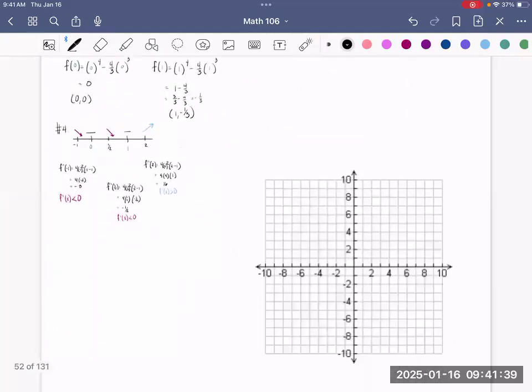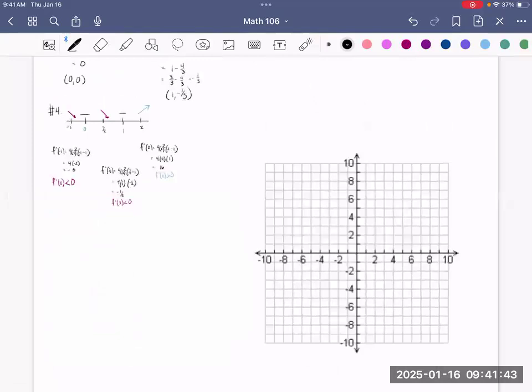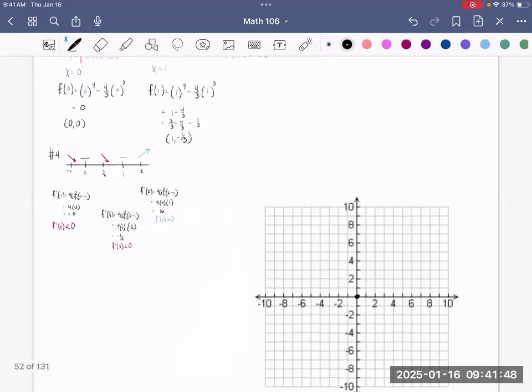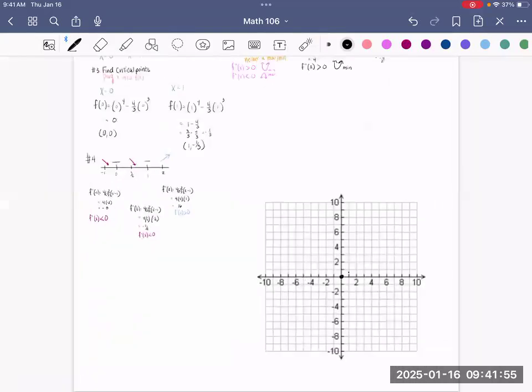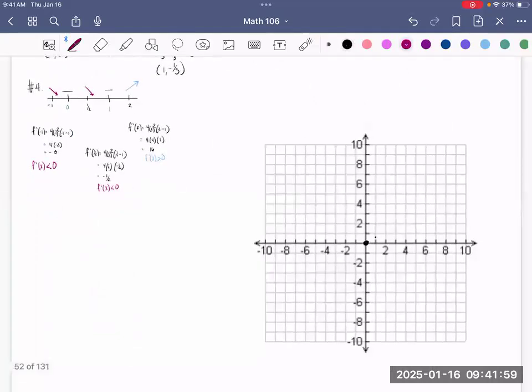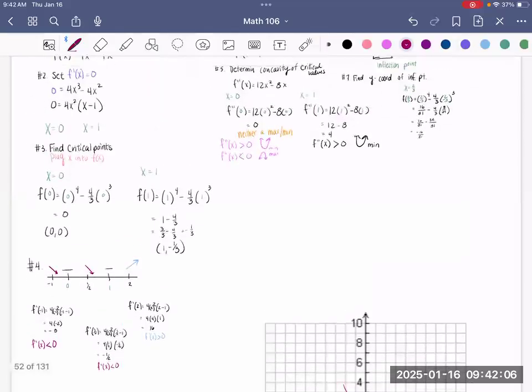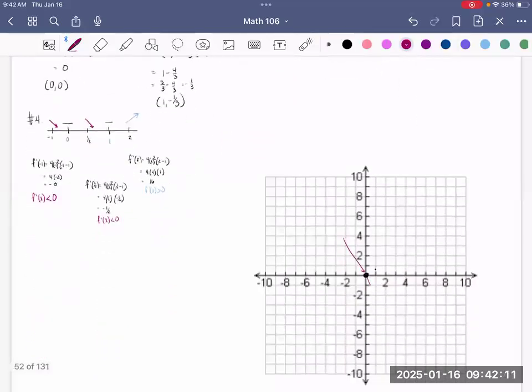Which is kind of a hard point to graph, but if we were to graph all of your points here, we have 0, 0 being one of them. We have 1 and a third. Oh, that's awful. That's okay. I'll stick with it. We said we are going from down to down, and then at some point we're going to come back around.